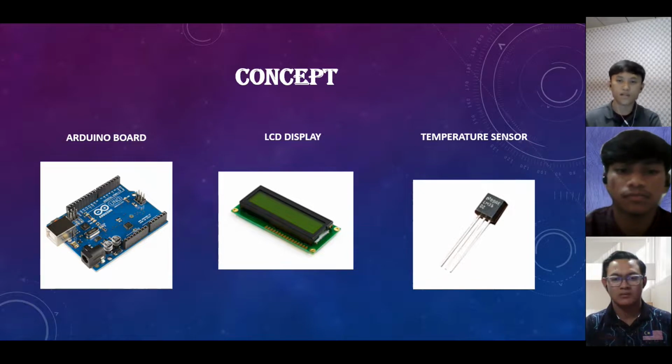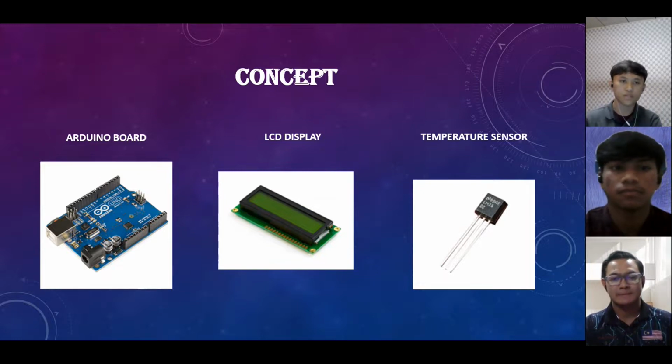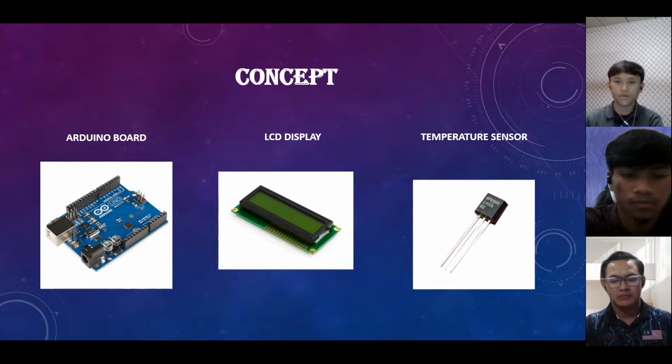Next, we use an LCD display. A liquid crystal display is a flat panel display or other electronically modulated optical device that uses the light modulating properties of liquid crystals combined with polarizers. And next, we use a temperature sensor.